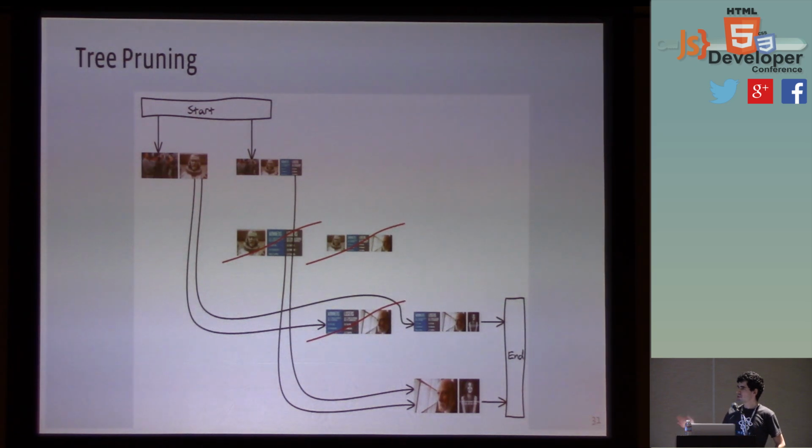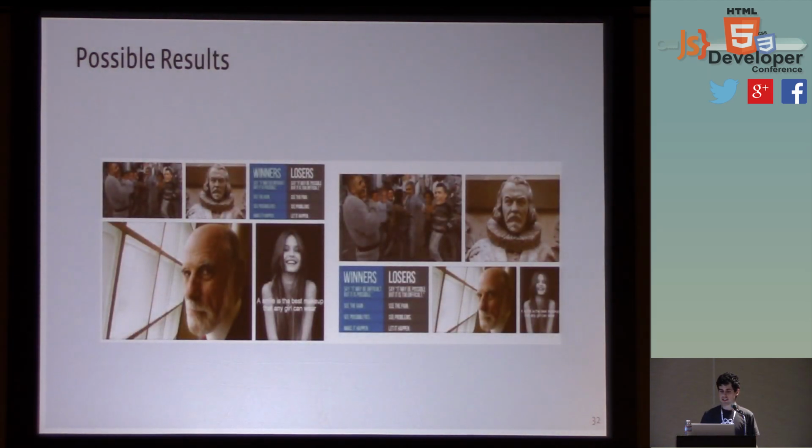And this tree, we can also continue pruning it, and we can remove the nodes that cannot be reached from the start, and that do not reach the end. And so we can start pruning, and at the end we have a really small working set. And at the end, in this small example, we are going to have those two possible layouts.